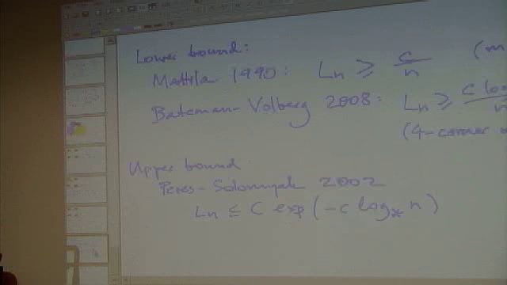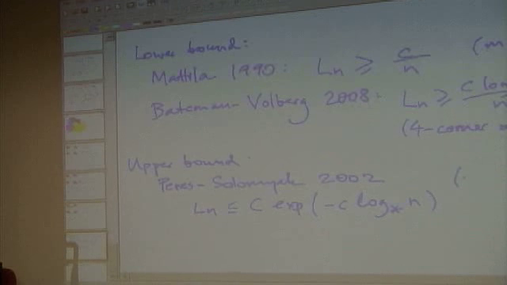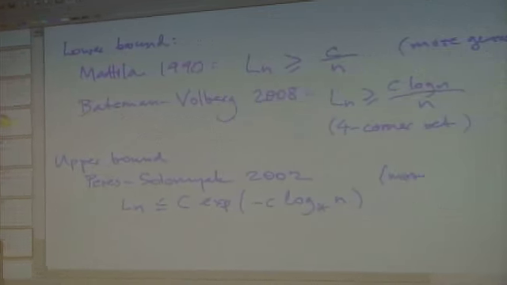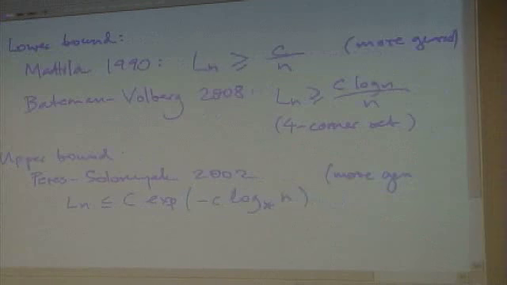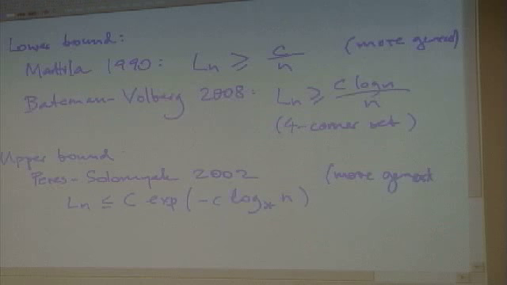The Perez-Solomiak bound that I just mentioned applies in a more general setting. You can take a more general class of self-similar Cantor sets, and their proof still works.